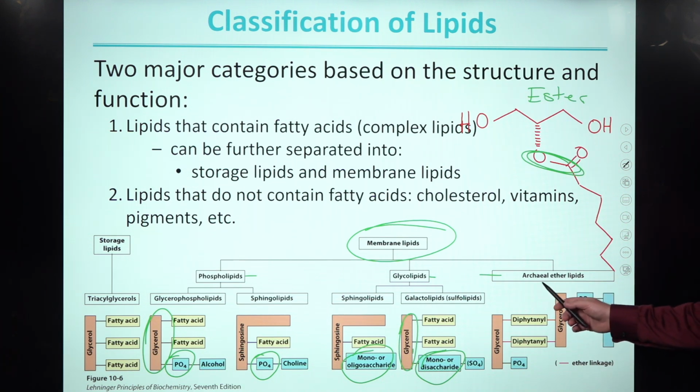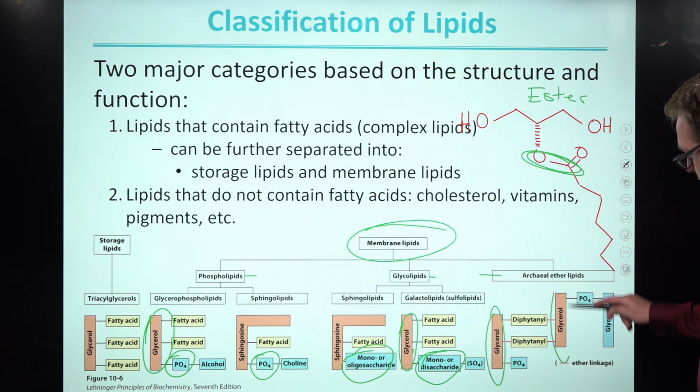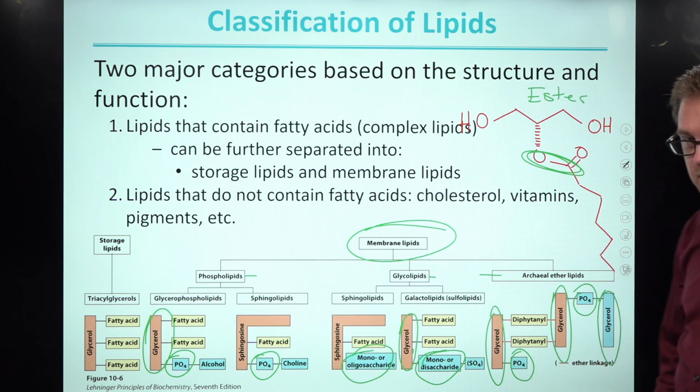We have archaeal ether lipids right here. Okay, and you can see they look a little bit different. They have two glycerol molecules. They have some phosphates there. And some of them tack on another glycerol.